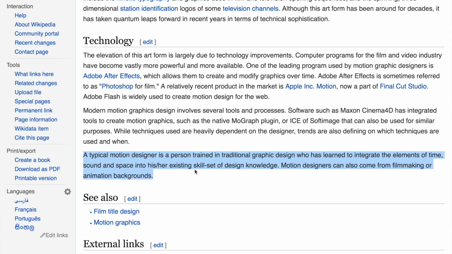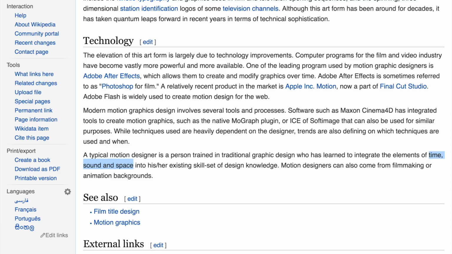A typical motion designer is a person trained in traditional graphic design who has learned to integrate the elements of time, sound, and space into the existing skill sets of design knowledge. I really like this definition because it explains exactly the elements: time, sound, and space. Now, Google doesn't go into specifying the sound of objects. It's all about time and space so far, and I find it really interesting.